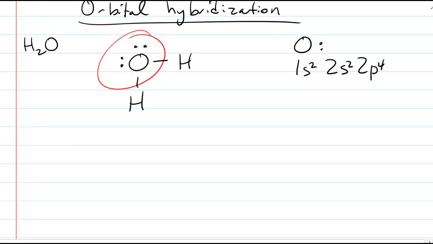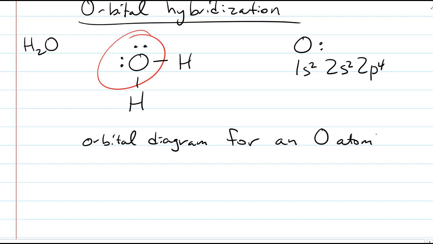And then we could write out the orbital diagram for oxygen. If we write out the orbital diagram for oxygen, it would look like this. We have the 1s sublevel.